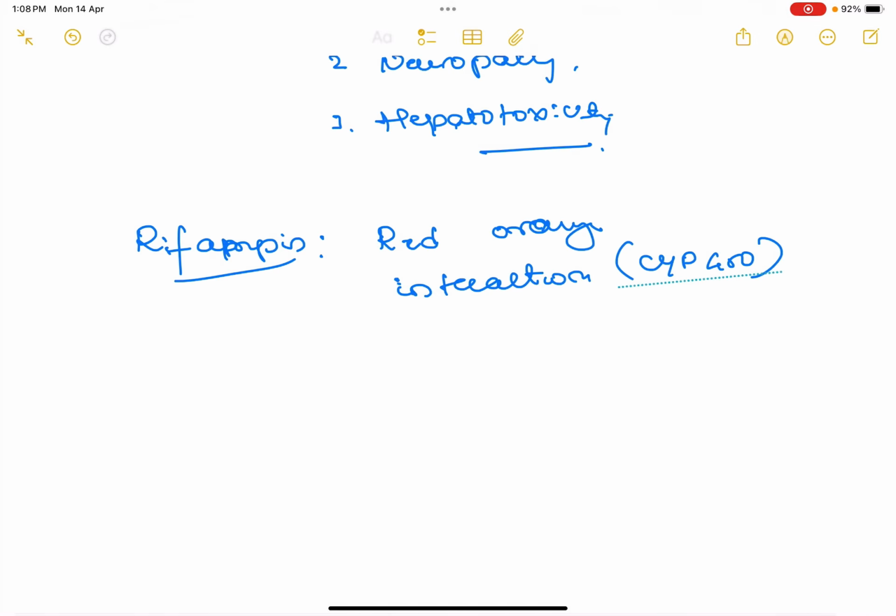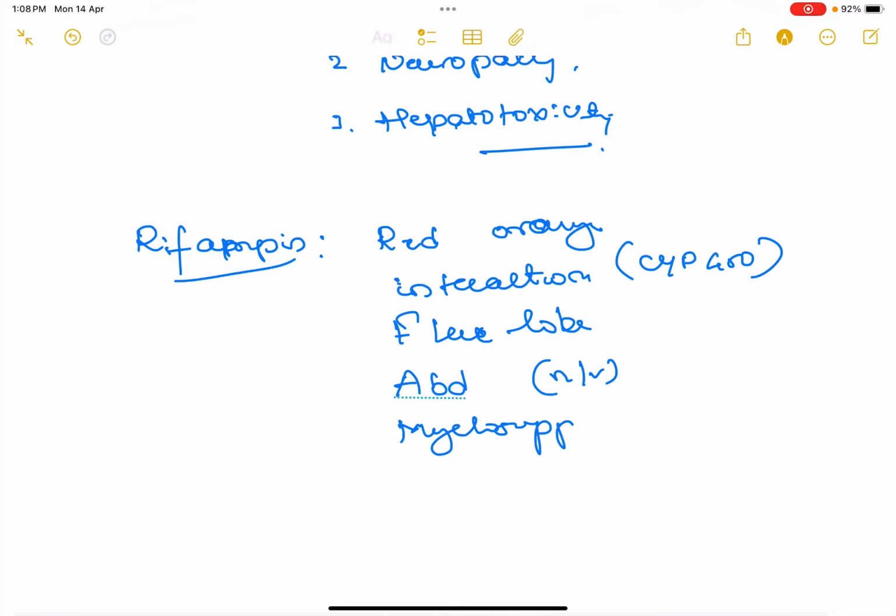Okay, and F stands for flu-like symptoms, fever, myalgia, arthralgia. A stands for abdominal symptoms like nausea, vomiting. Okay, abdominal symptoms. M stands for myelosuppression. So patients will have anemia, thrombocytopenia and all.